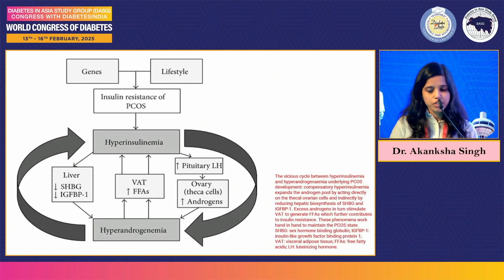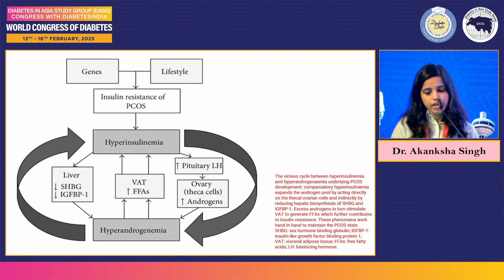Before breaking the vicious cycle, we need to know what the vicious cycle is which links PCOS with insulin resistance. Genetic and lifestyle factors lead to insulin resistance in a case of PCOS that leads to hyperinsulinemia. Hyperinsulinemia acts on the liver to decrease the sex hormone binding globulin and decreases the insulin-like growth factor binding protein 1.